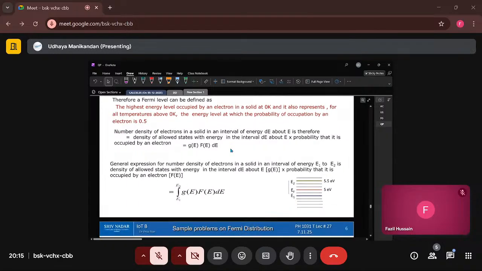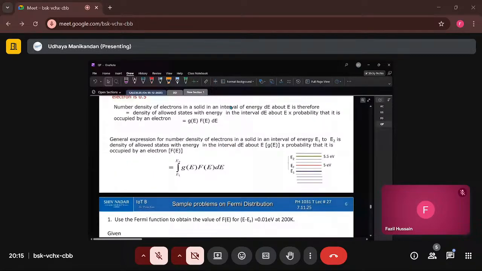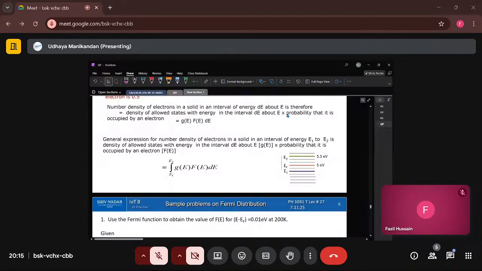Okay. Now the number density of electrons in a solid in an interval of energy dE about E is equal to the density of allowed states with energy in the interval dE about E, multiplied by the probability that it is occupied by an electron. Understand this. To find the number density of electrons in a particular solid, first we find the density of states, that is, the number of states available.